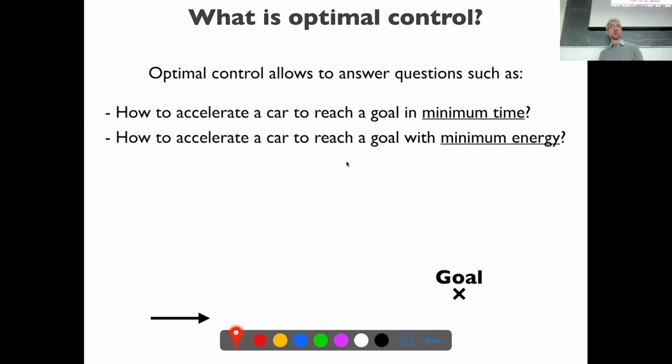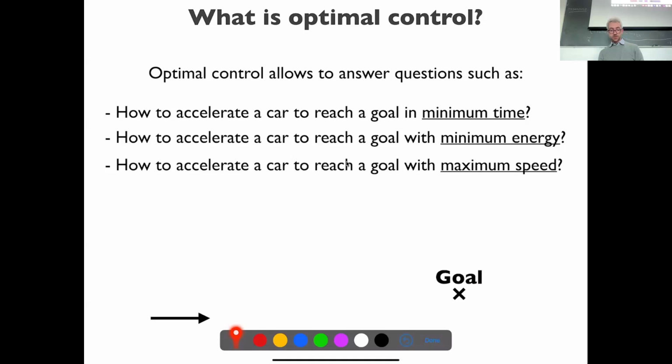That's also another very common option. You want to minimize energy. Or how can we reach a goal with maximum speed? So every time there is a metric that you want to optimize, either minimize or maximize, that's the same. Optimal control is a very good tool for getting such behaviors out of your system. We are going to see some examples then that are more specific to robotics later on.